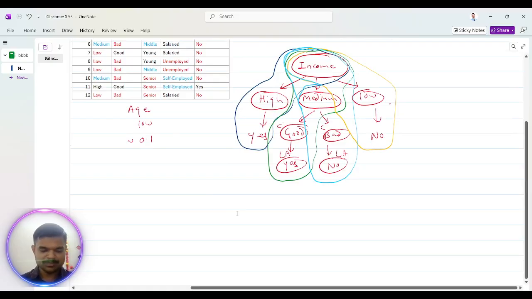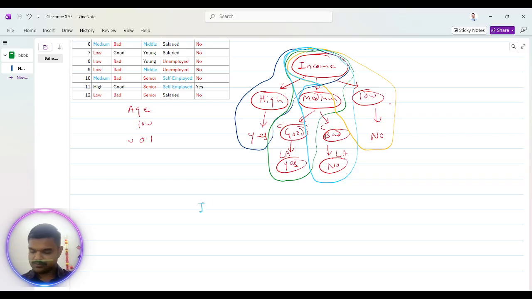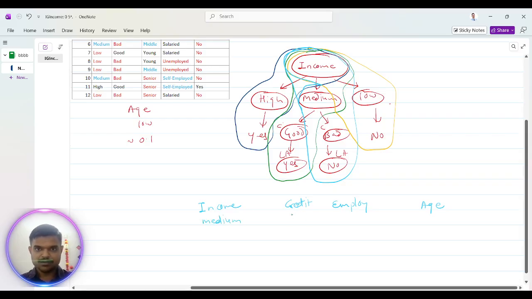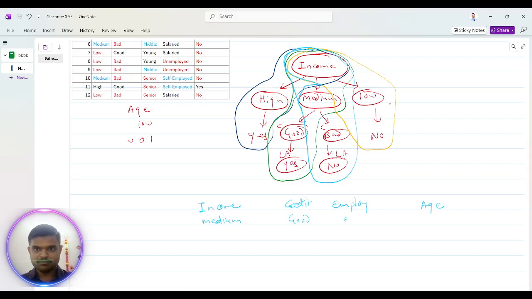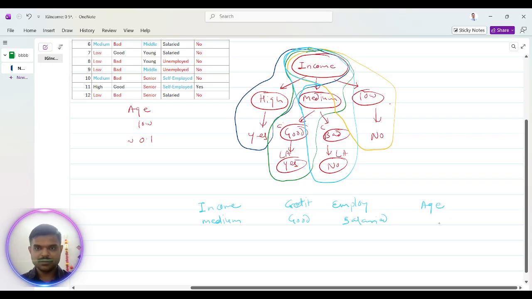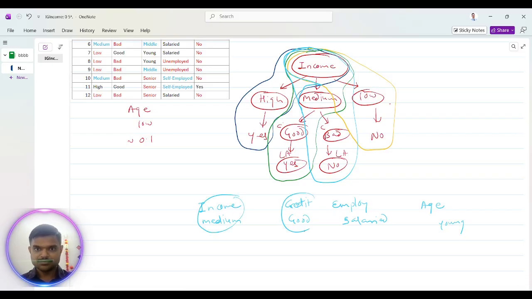If we get these four columns, income, credit, employment and age, for example, income is medium, credit is good, and employment is salaried, and age is young, then how it will come out: okay, his income is medium, his credit is good, and that's why his loan approval should be yes.